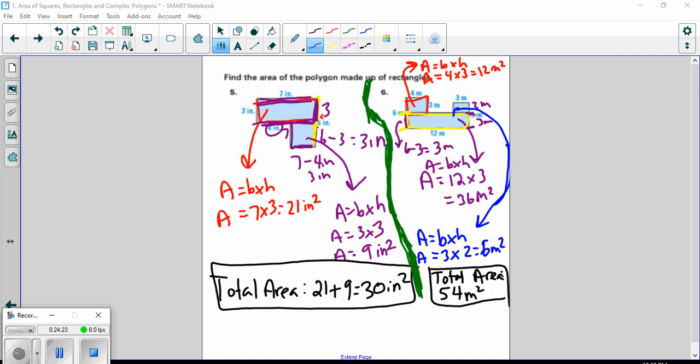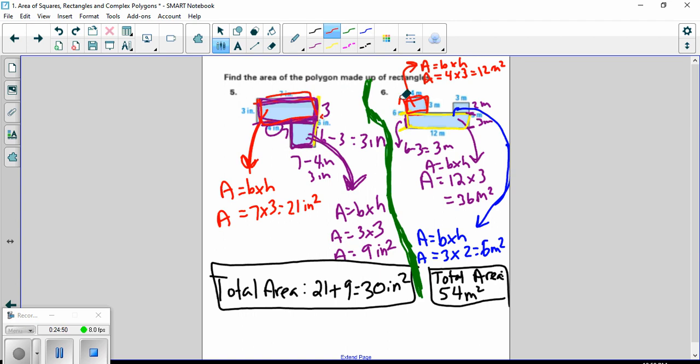So here is the solution to 5 and 6. In 5, the area of this rectangle is given here. And in 6, this is a square, and the area is given here. There were 3 pieces.